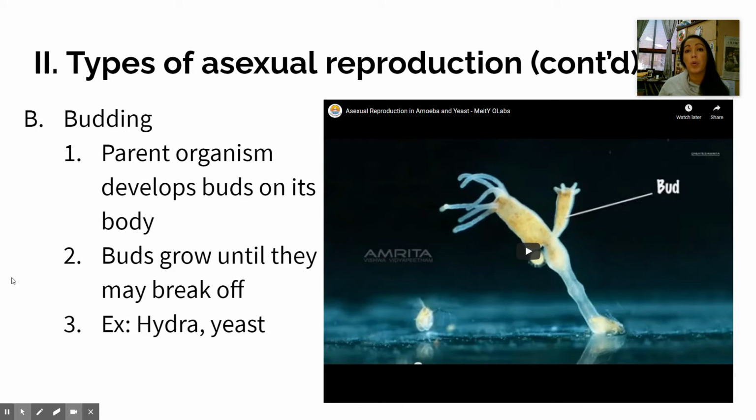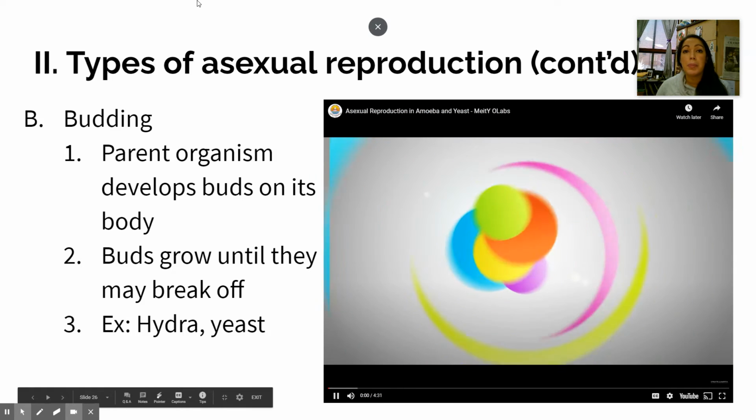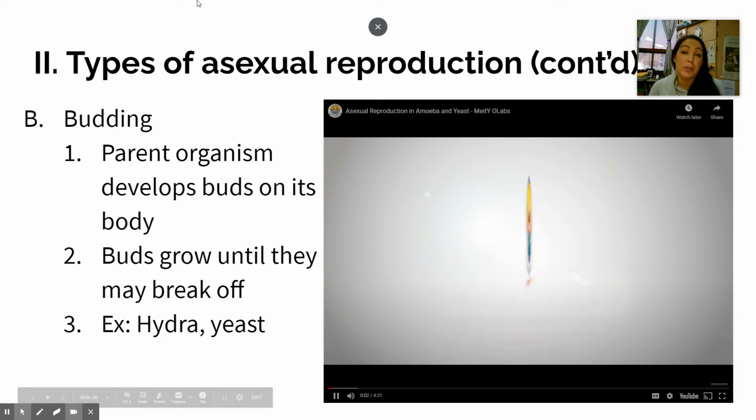The parent organism will grow an offspring or offshoot, a bud, on its body, and then the bud will continue to grow until it becomes its own organism. Oftentimes the bud will break off and become its own. Sometimes the bud will just continue to split. This video is showing Hydra, but yeast also reproduce this way.